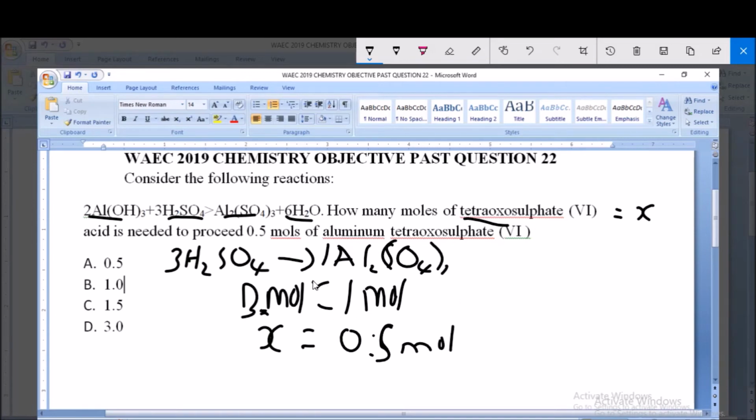Now, by simple cross multiplication, X moles will be equal to 3 multiplied by 0.5, and that is equal to 1.5 moles.